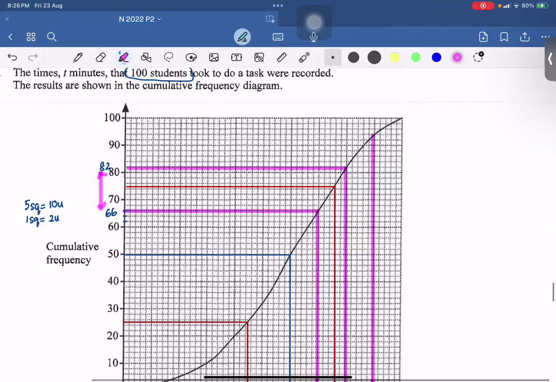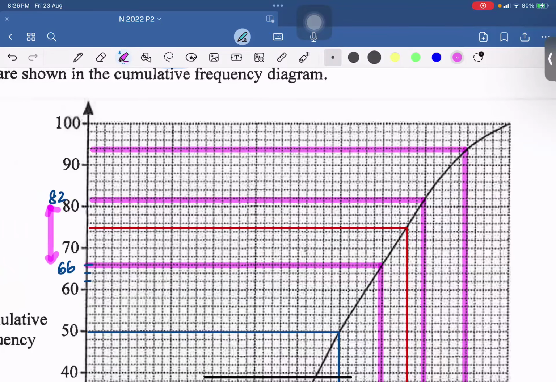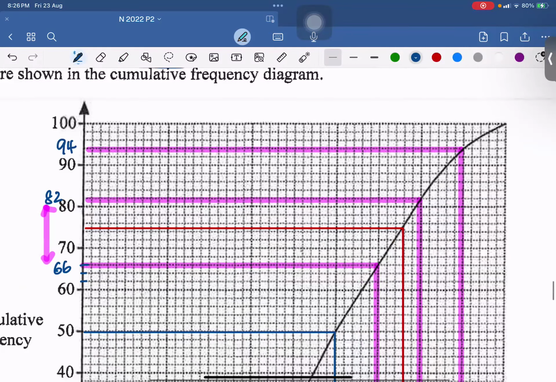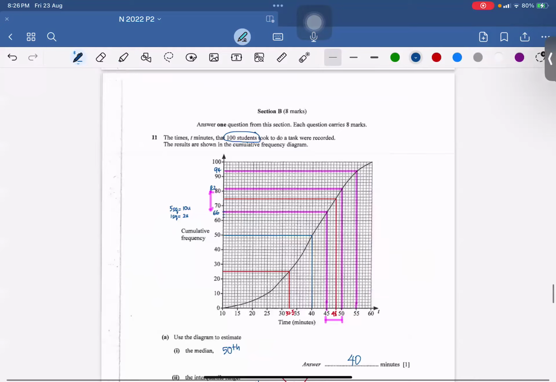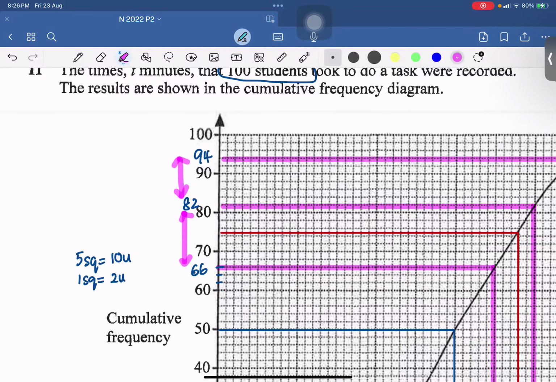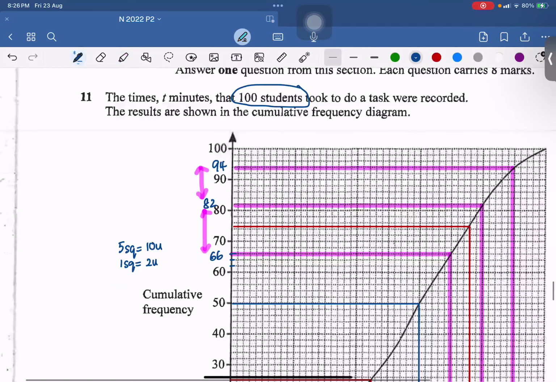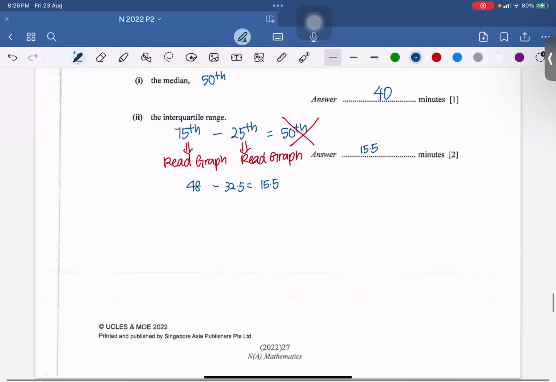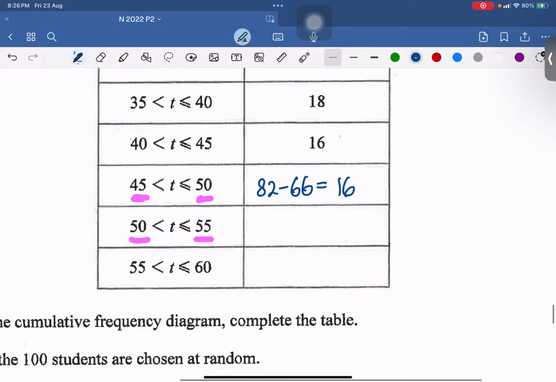Thank you. 94. Okay, so in between these two numbers, this will be the number 94 minus away 82. This one will be 12.